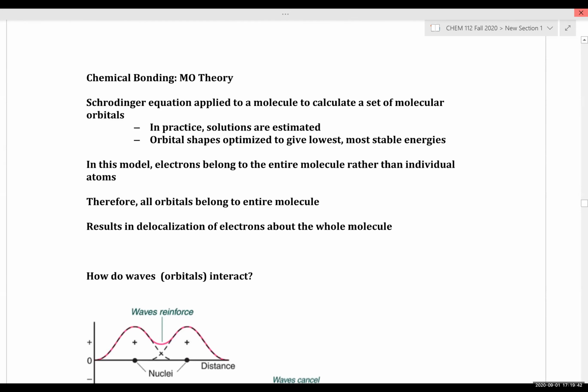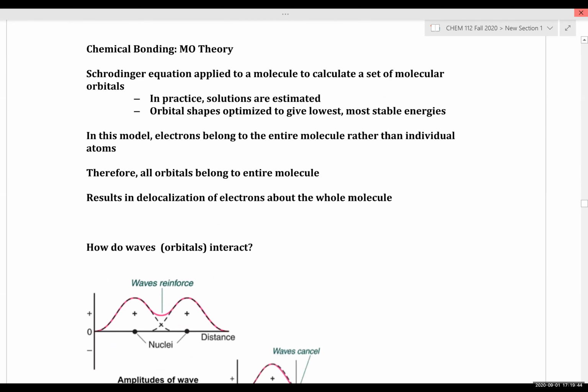Now, let's focus and really drill down on MO theory, molecular orbital theory. Let's talk about how it works, and how we can use molecular orbital pictures, which are slightly different than valence bond pictures, in order to begin to understand the bond lengths and strengths in our molecule.